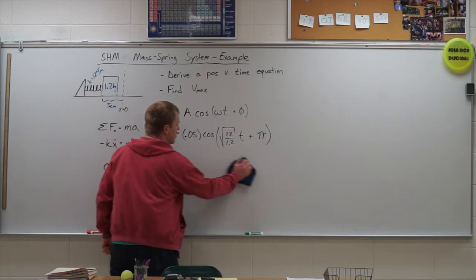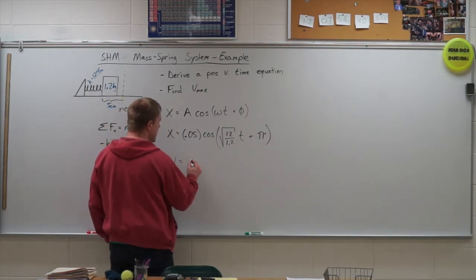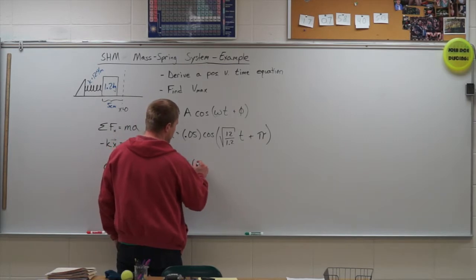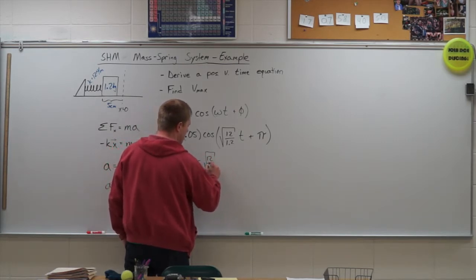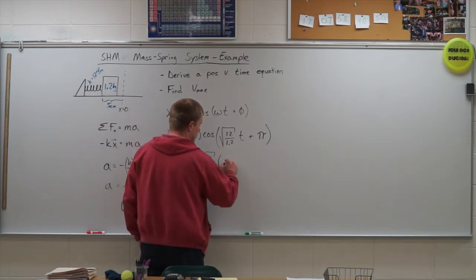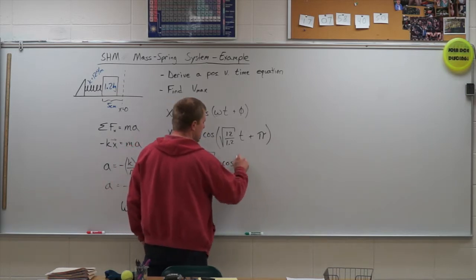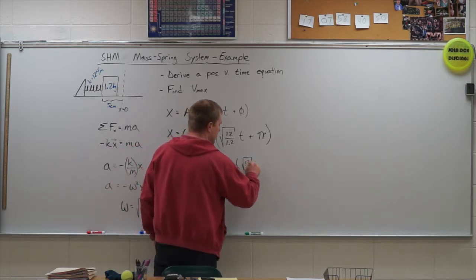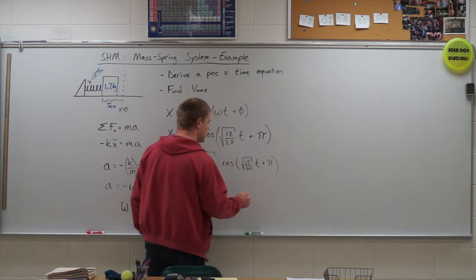Okay, so let's see what that looks like. So v is going to equal negative 0.05 times the square root of 12 divided by 1.2 times the sine of the square root of 12 divided by 1.2 t plus pi.